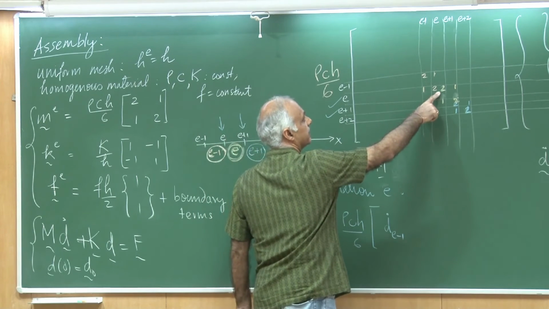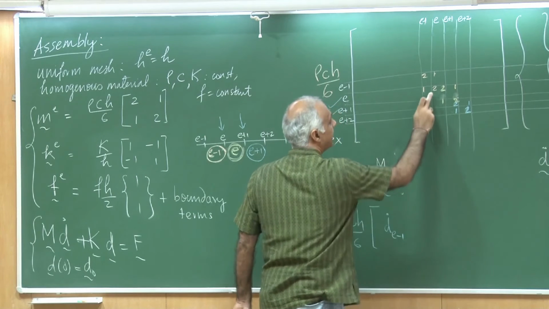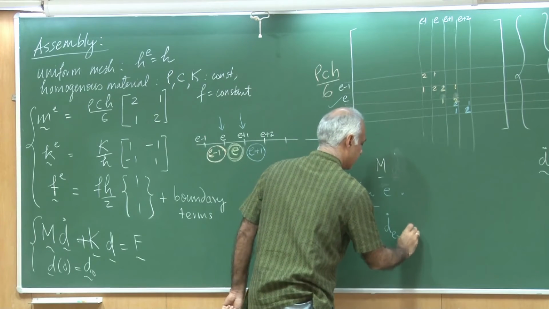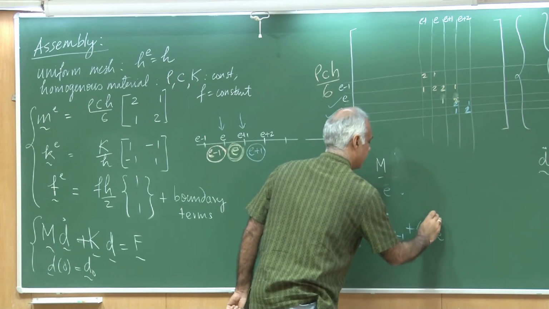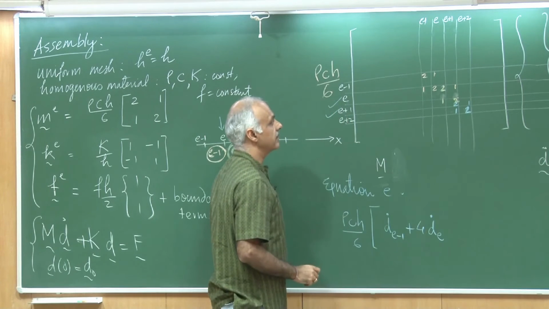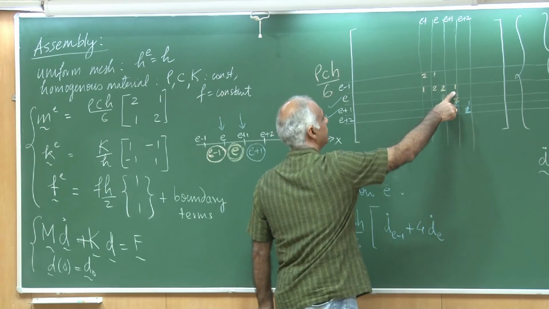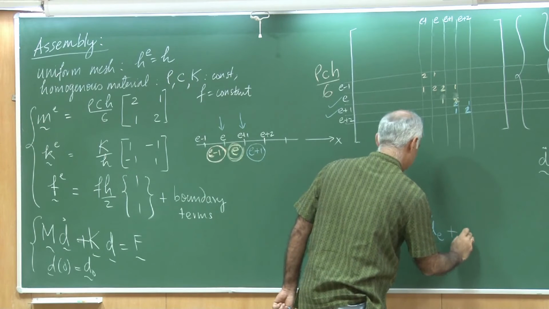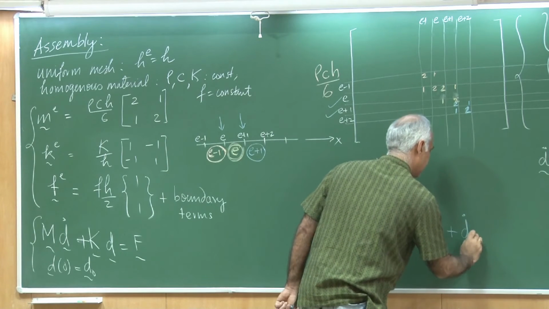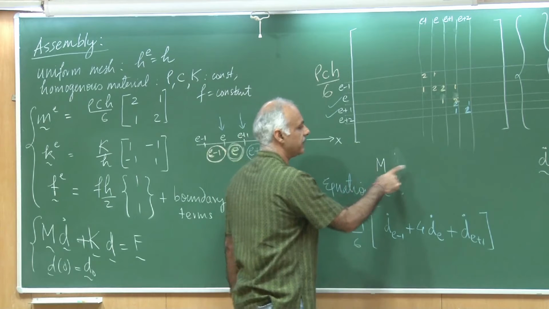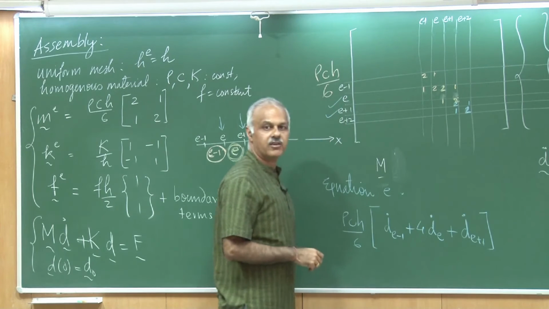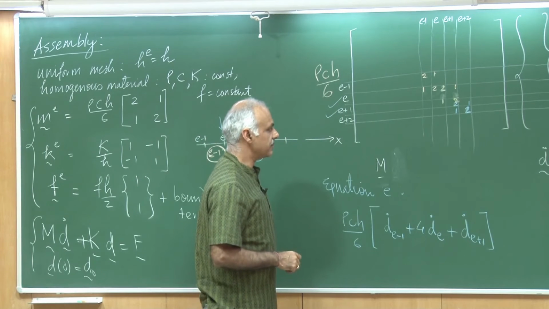This one over here is a 4, and this would multiply d dot E. So, I would get 4 d dot E. This one over here would give me plus d dot E plus 1. So, that is what I would get from the mass matrix, the assembly of this first set of terms.